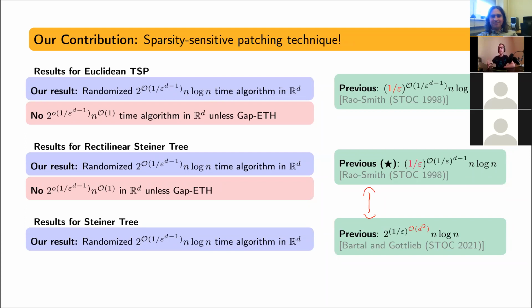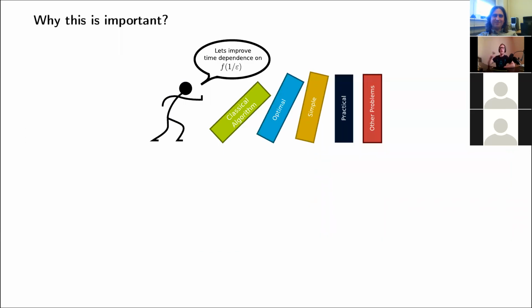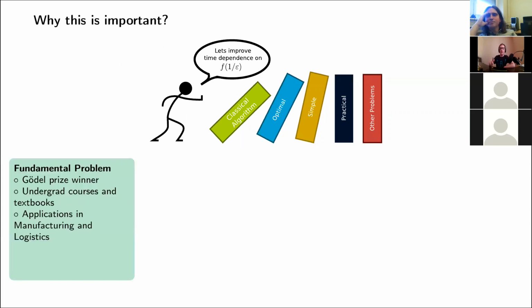Okay. So before I begin, I will tell you why it's actually important that we are working on this. Why do we improve the dependence on epsilon? The epsilon should be a constant, right? But I want to say that this is actually a very classical result and a very fundamental problem. At the time when Arora showed this result, it received a Gödel Prize.